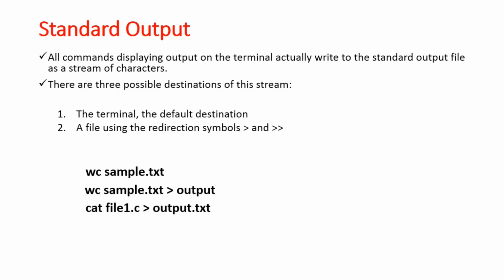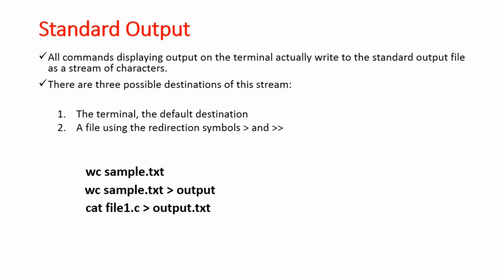Here the word count of the file sample.txt is given to another file, that is output. Using the greater than symbol, the content is copied to the output file, which now contains the data.